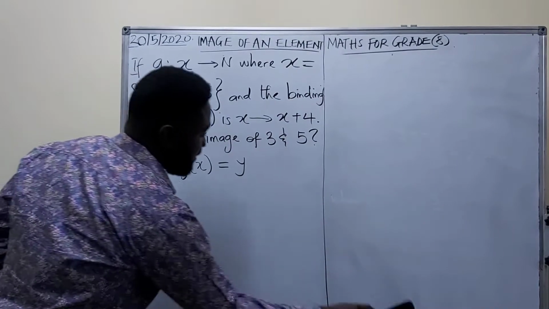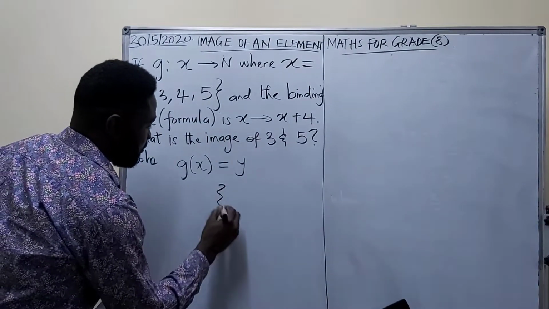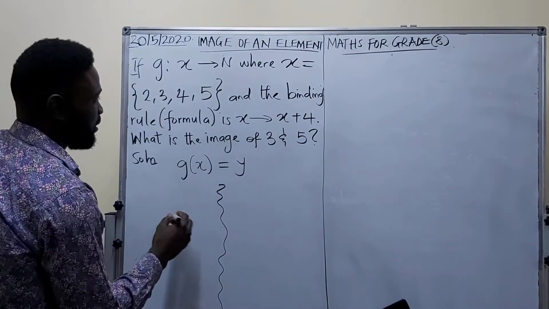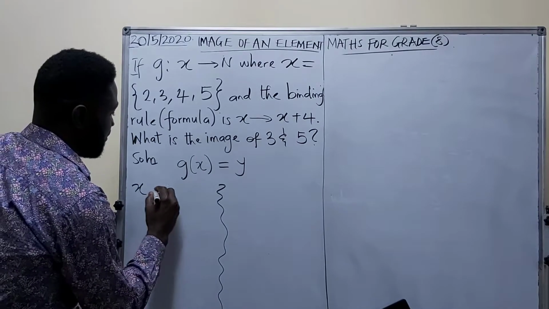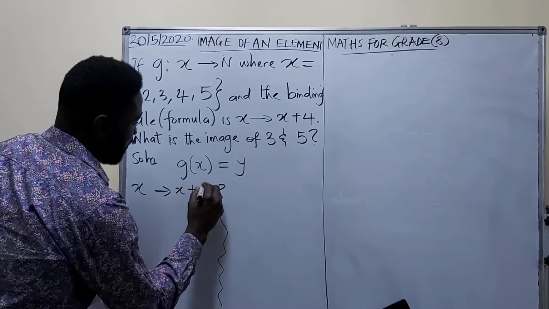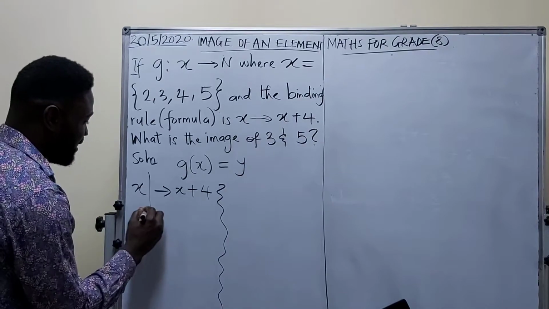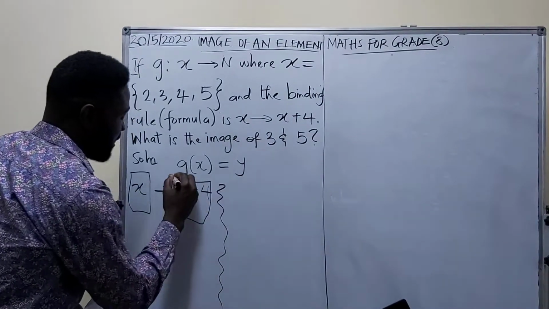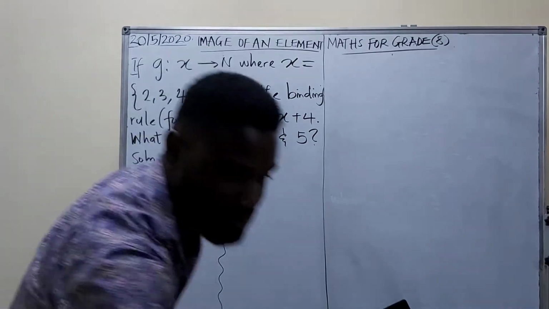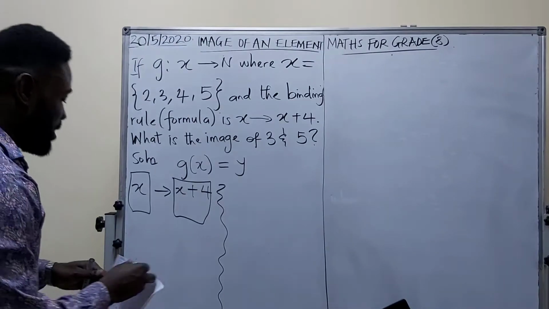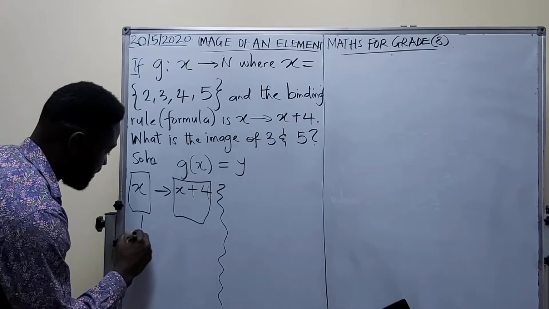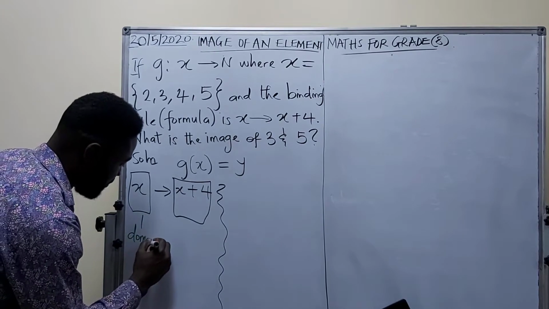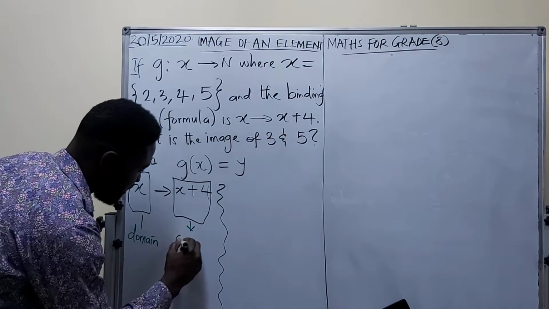Let me use a zigzag line. Now, X binds with X plus 4. So it means this part is the domain and this part is the codomain. You can see what we are trying to do. This part is the domain, part of the application, and this part is the codomain.